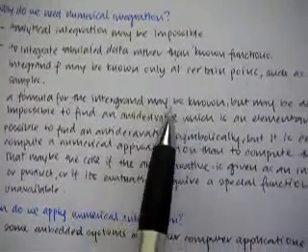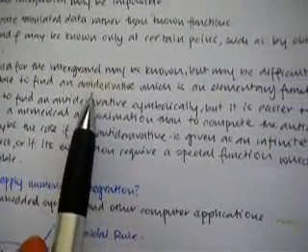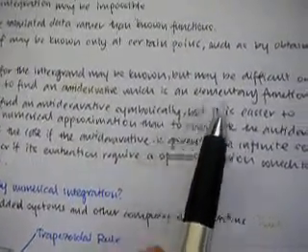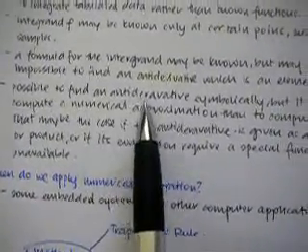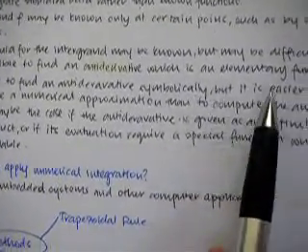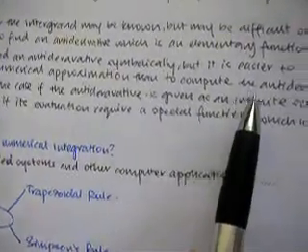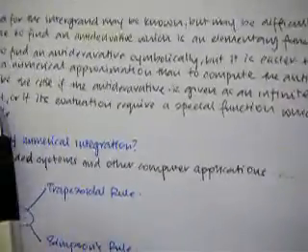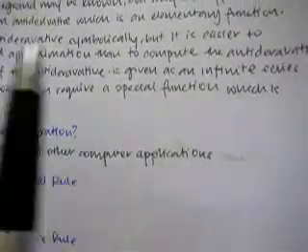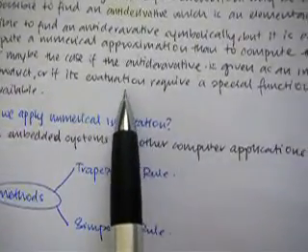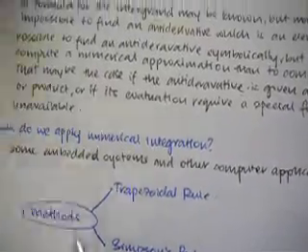A formula for the integrand may be known, but it may be difficult or impossible to find an antiderivative which is an elementary function. Or it is possible to find an antiderivative symbolically, but it is easier to compute a numerical approximation than to compute the antiderivative. That may be the case if the antiderivative is given as an infinite series or product, or if its evaluation requires a special function which is unavailable.